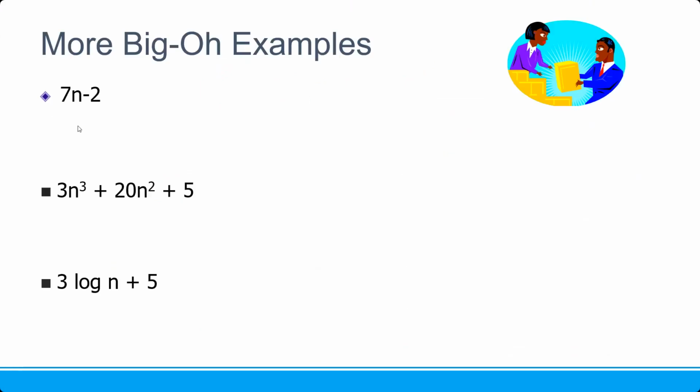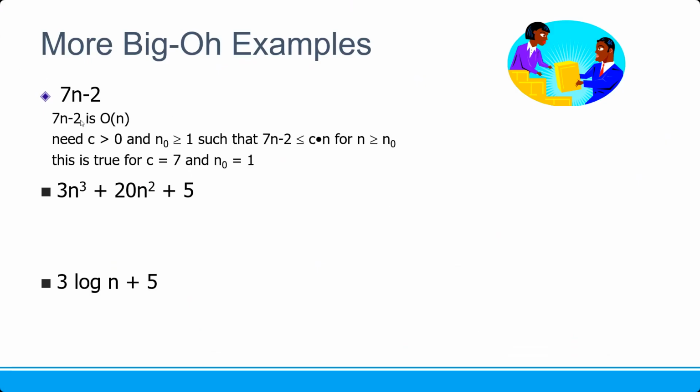Then what about this example? 7n minus 2, 3n power of 3 plus 20n power of 2 plus 5, and 3 log n plus 5. So what is the function? 7n minus 2 is O(n).